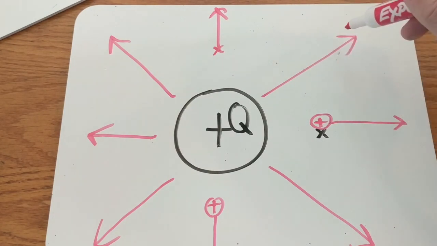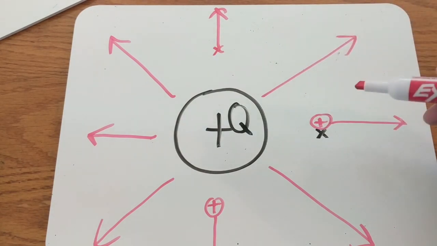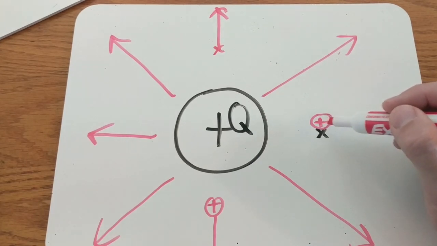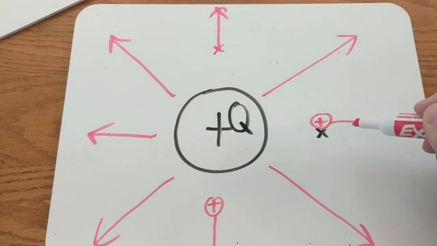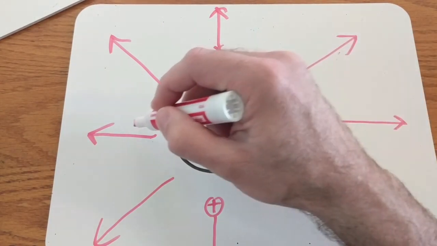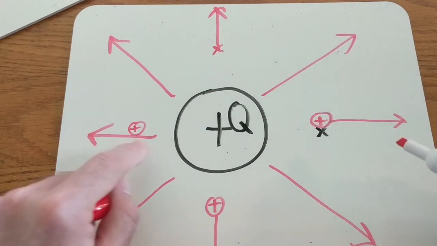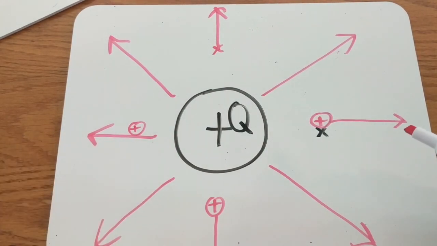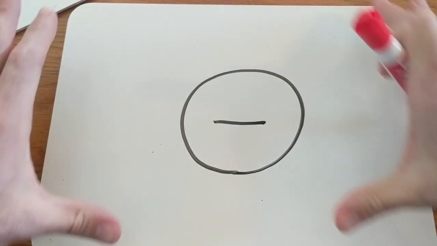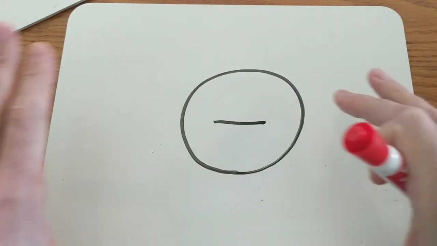How do I know that's the direction? Well, it's been defined by physicists that whatever way a proton would be pushed is the direction of the electric field. So positive, they repel. If I put a proton there, it would be repelled by that positive charge, and that's the direction of the electric field. Similarly, if I have a negative charge, this negative charge is sending out a whole entire electric field all around.